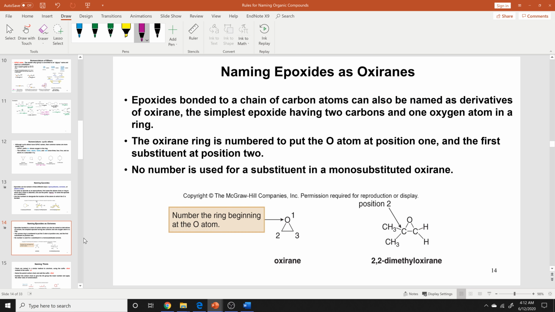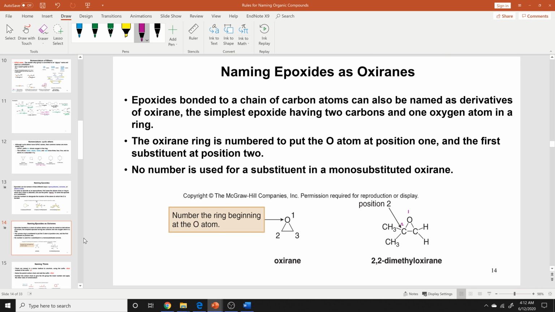When you want to name an epoxide as an oxidane, normally what you do over here is number the ring. You number the epoxide ring starting from the oxygen. So you put the O atom at position number 1 and the first substituent at position number 2. So this is going to be number 2 over there, and then you name it.